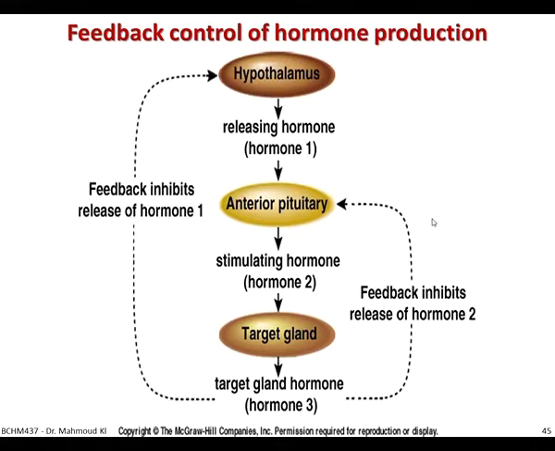There is another feedback as well: hormone 3 can act on the hypothalamus, and this shuts down the pathway from the beginning, so the hypothalamus stops secreting the releasing hormone. So you can see there are 2 mechanisms of negative feedback loop.